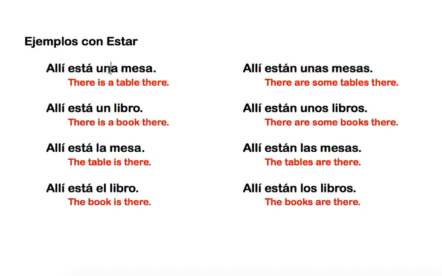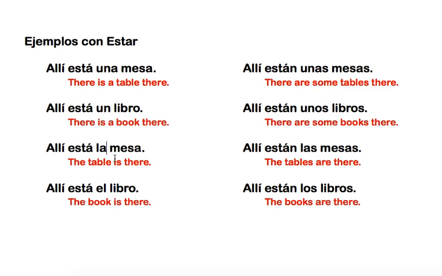Right here, this word, una mesa, is singular. So the verb has to be in the singular form. And you see that in English too. Are versus is. There are some tables there. Allí están unas mesas. Allí está un libro. There is a book there. Allí están unos libros. There are some books there. All right. So this is for the indefinite. So again, the general articles.